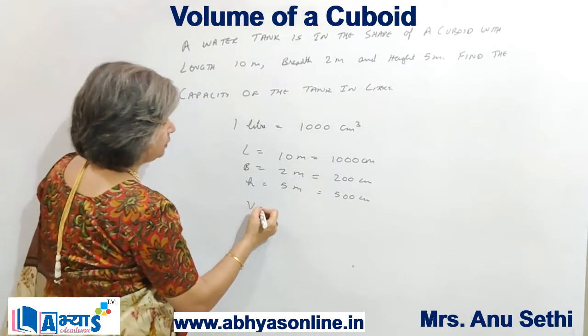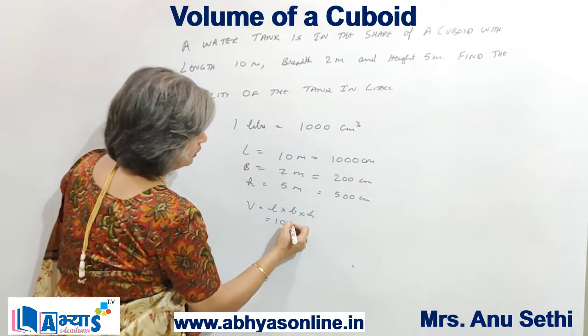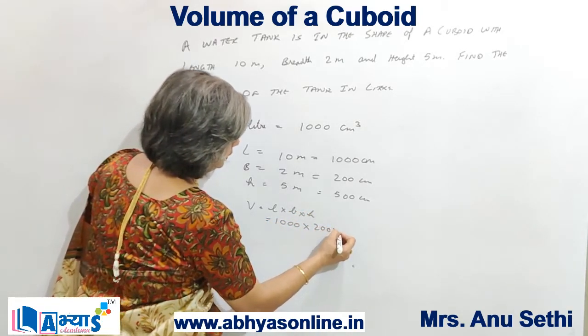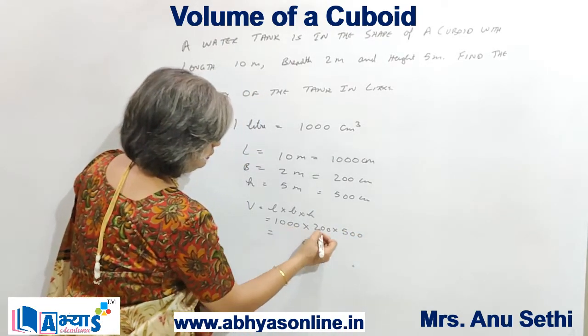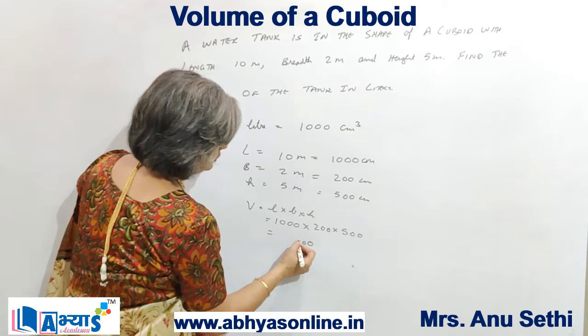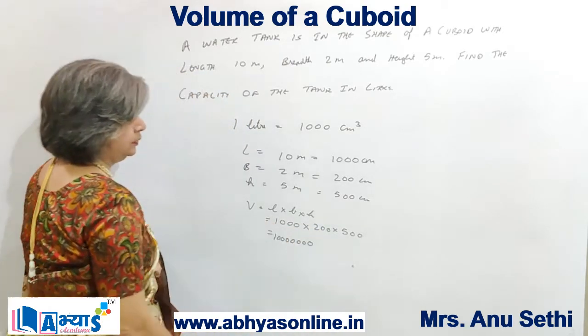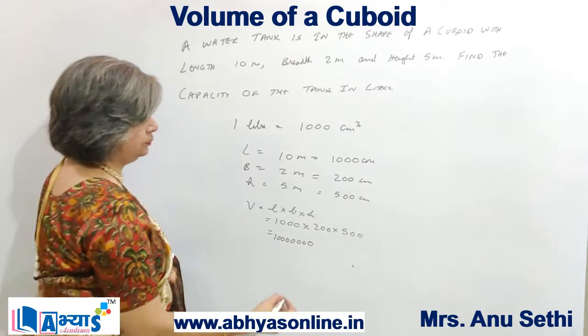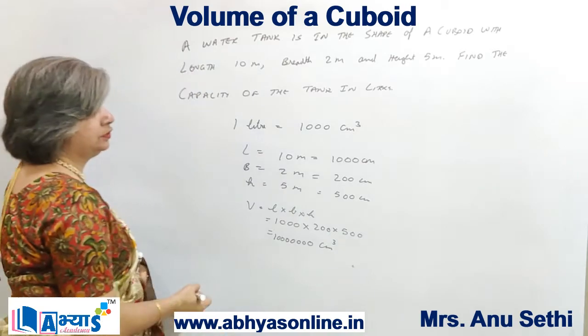So volume is equal to L into B into H, or I can say 1000 into 200 into 500, which is equal to 1 and 8 zeros. So this is the volume of the tank.